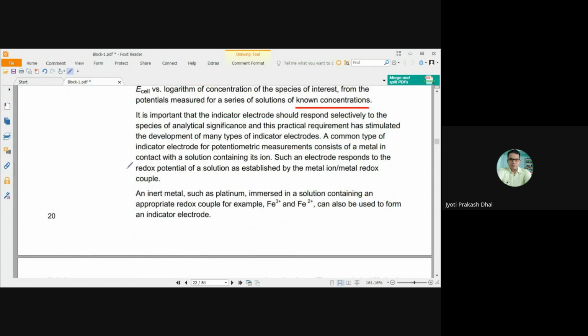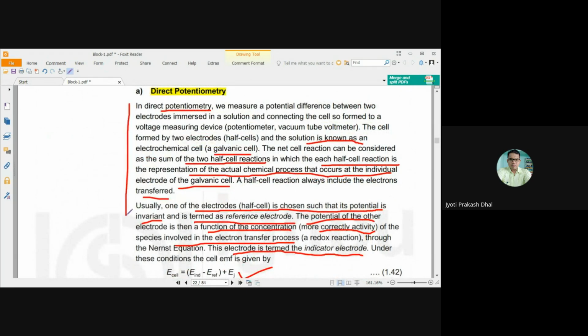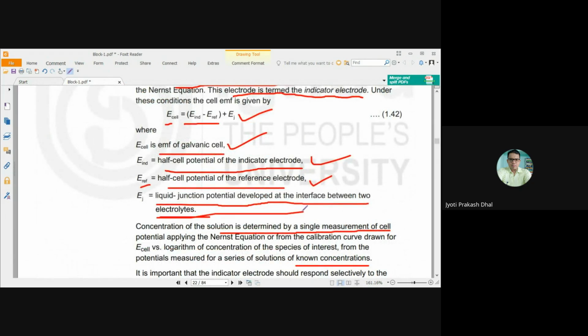It is important that the indicator electrode should respond selectively to the species of analytical significance. So this is the setup. When a direct potentiometry question comes, you have to write up to this portion.